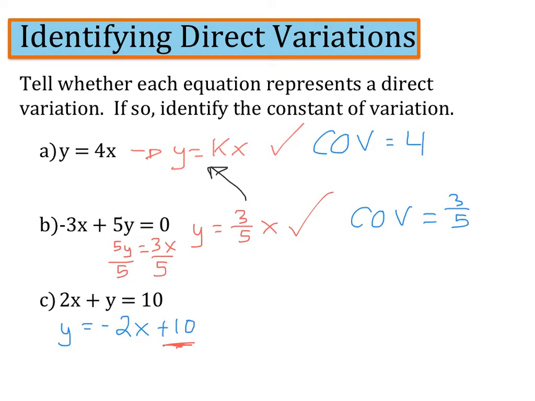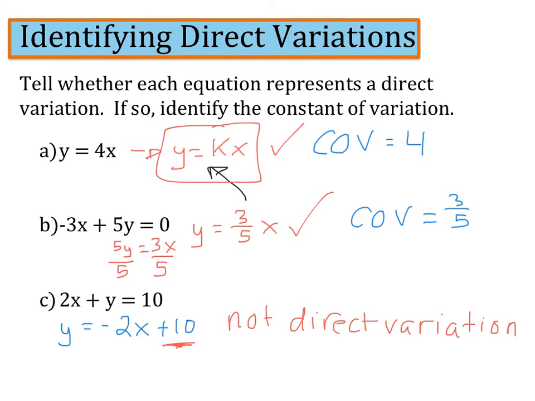There's something else involved in this linear equation. So we would say not direct variation. The key step for determining if an equation can be a direct variation is to isolate y and see if it falls in the formula of y equals k times x.